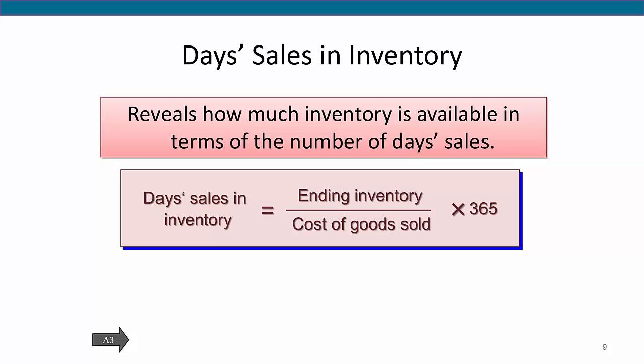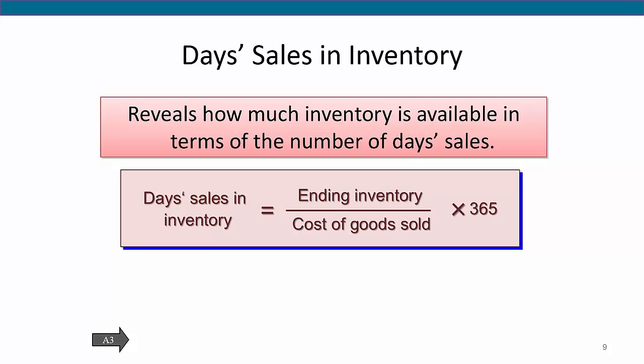This next ratio measures how well the level of inventory meets sales demand. Days sales in inventory, also called days stock on hand, is a ratio that quantifies how much inventory is available in terms of the number of days' sales. It can be interpreted as the number of days one can sell inventory if no new inventory items are purchased. This ratio is useful in evaluating the liquidity of inventory and is calculated as ending inventory divided by cost of goods sold times 365.